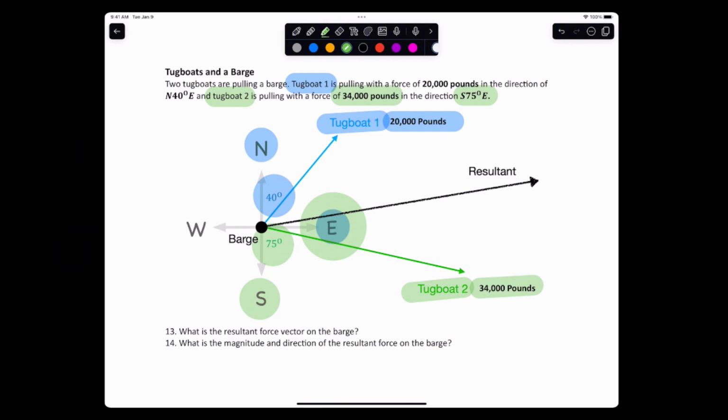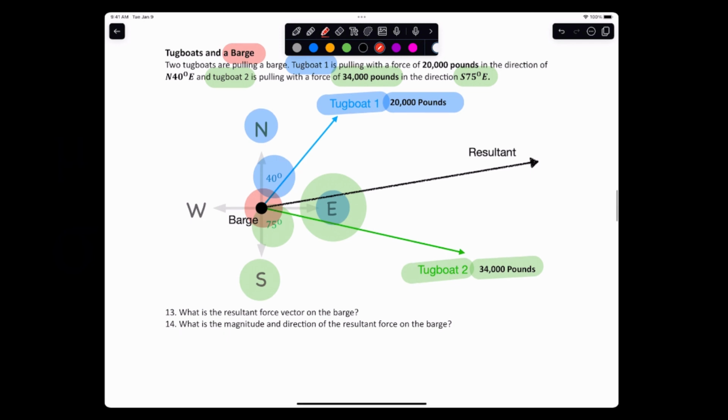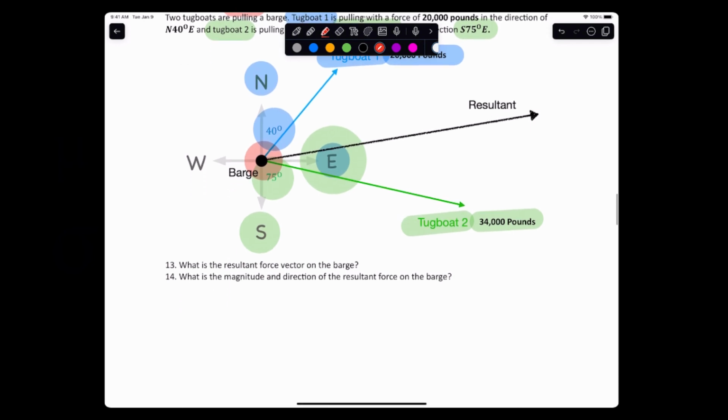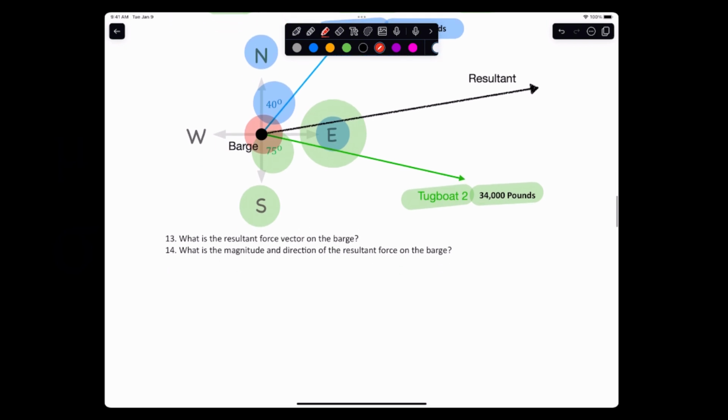All right, you guys okay with that? So you got these 2 vectors pulling on the barge, and the barge is right here. So that's the barge. And what they want to know now is, what is the resultant force vector on the barge? So they want another resultant force vector.